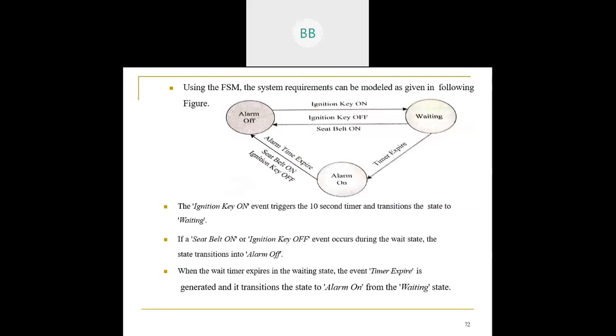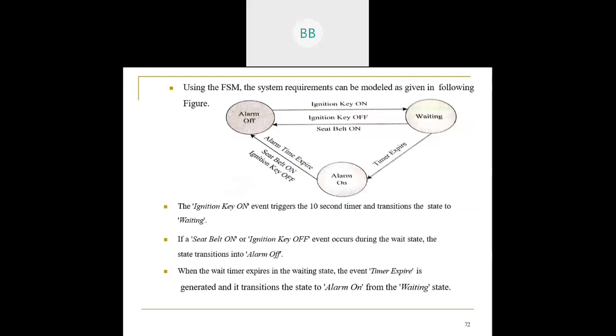When the vehicle ignition is turned on, the system changes to the waiting state and remains in that state for 10 seconds until the driver or the passenger puts on the seat belt or the ignition key is turned off. When either of these events happens, the system moves back to the alarm off state. This happens within 10 seconds.